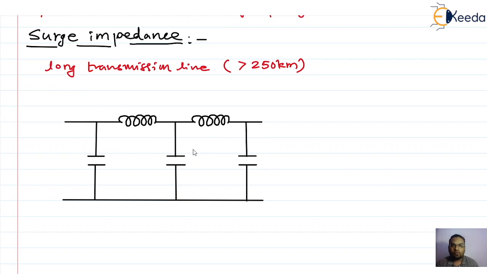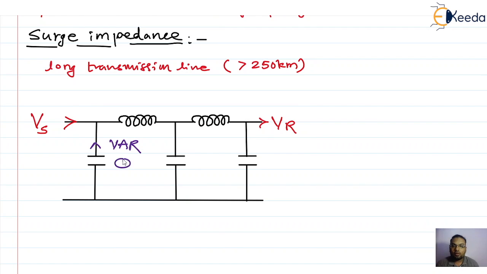So now when this line is charged, let's say this is the sending end, so we will have here Vs, and let us say this is the receiving end. Let's say we are having the voltage here as Vr. Now when it is charged, the capacitor starts generating VAR.